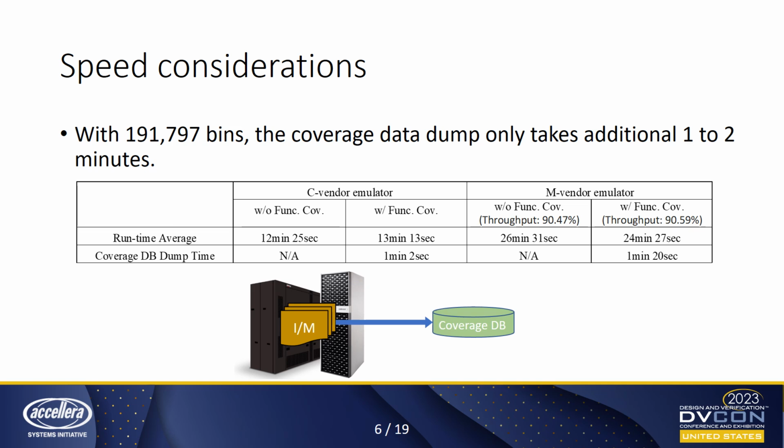And after all tests are finished, the emulator executes the coverage data dump at once. So we didn't worry about the speed reduction. In other words, if we get more resource, we can apply more coverage in the emulator.